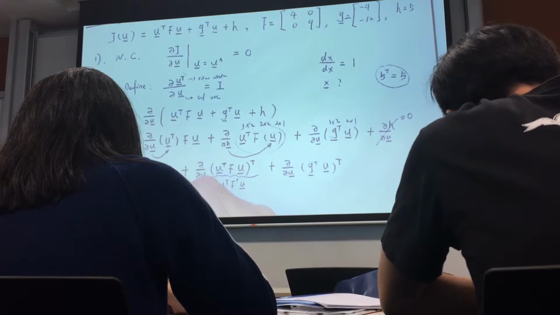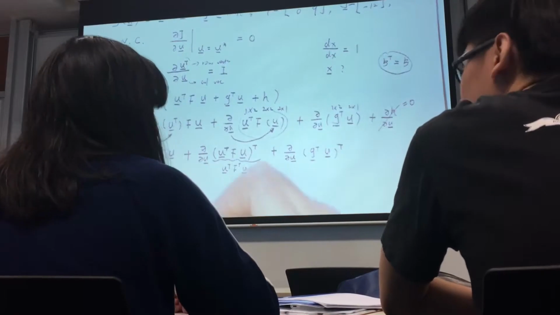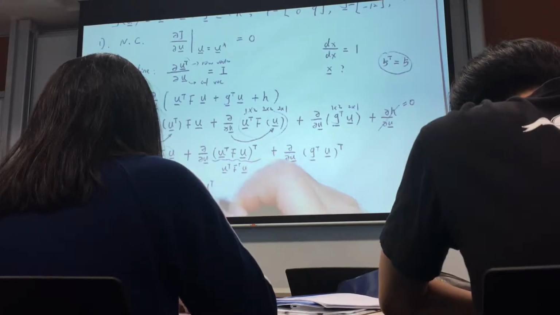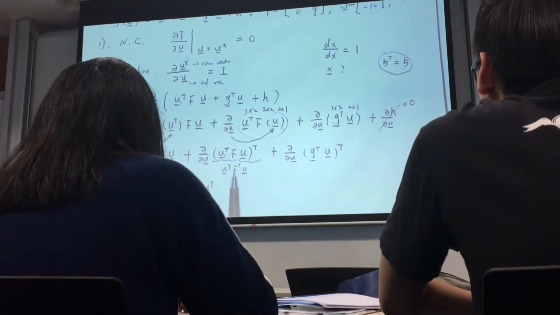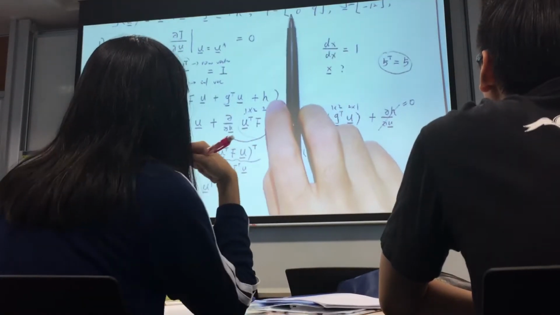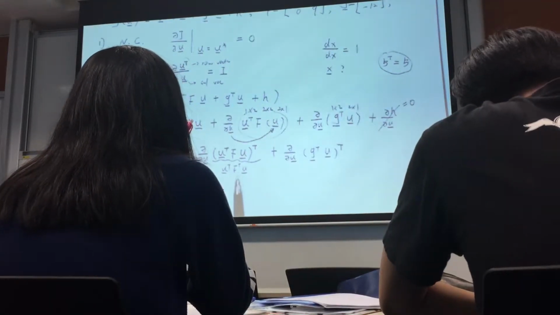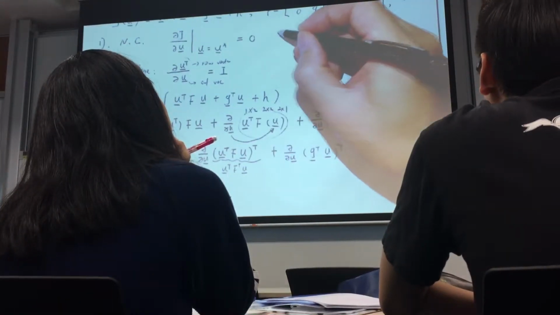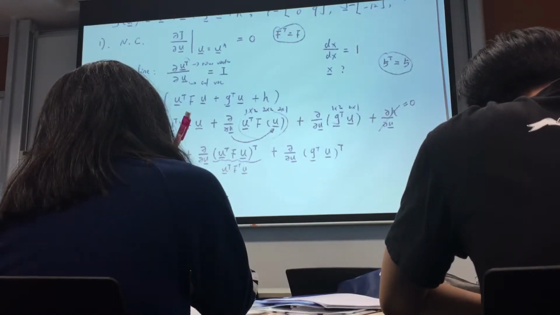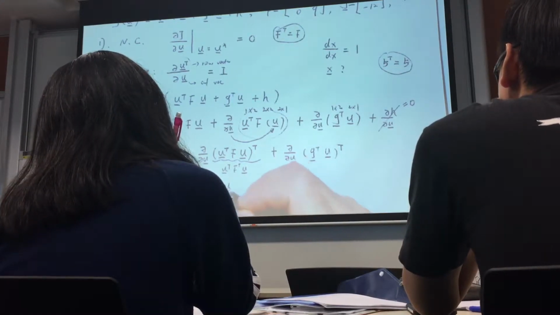So this is equal to F u plus the second term, u transpose F. Because F is simply a diagonal matrix, we know F transpose equals F. So F transpose is just equal to F, multiplied by u.